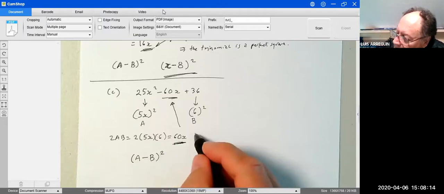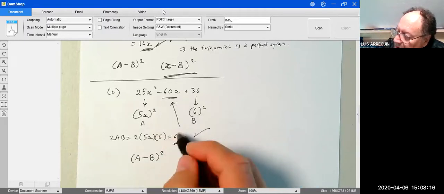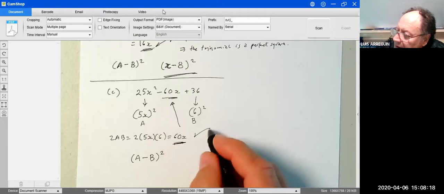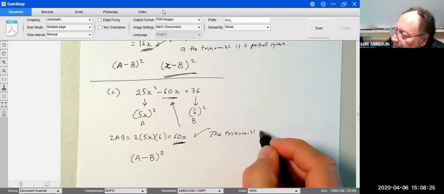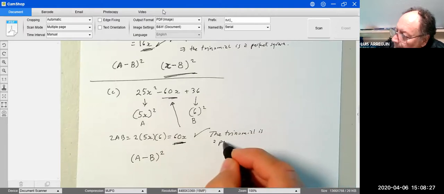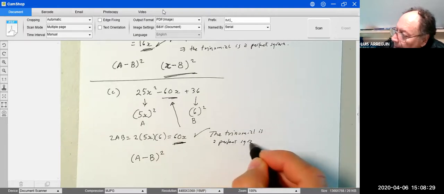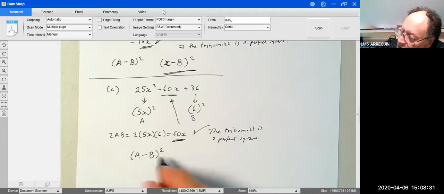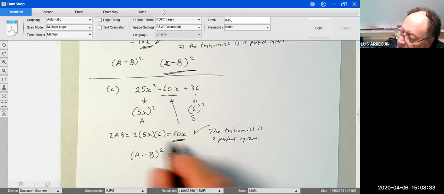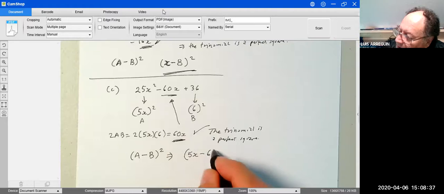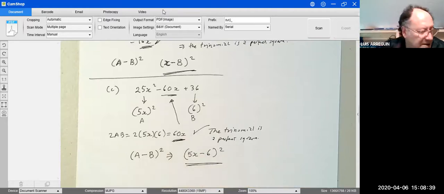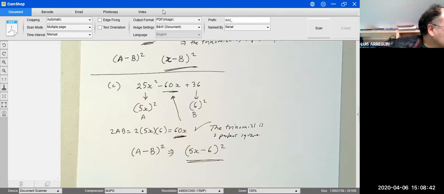So again, these two quantities match. So the trinomial is a perfect square. So A minus B is just A is 5x minus B, which is 6, squared. So that's the answer for part C of this problem.